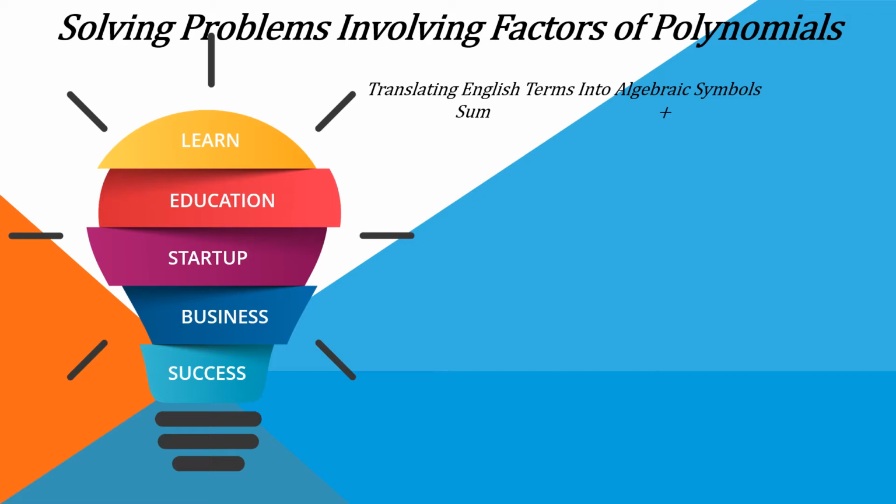So, when we see the word sum in a worded problem, it means addition. Add is also an addition, where the operation is plus. In addition, from the word itself, is also addition.